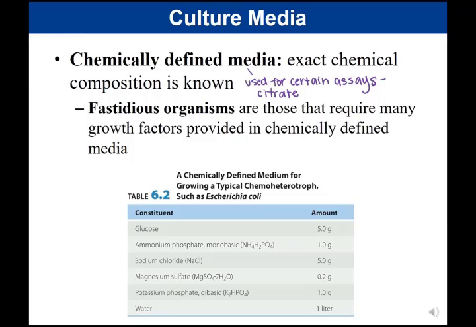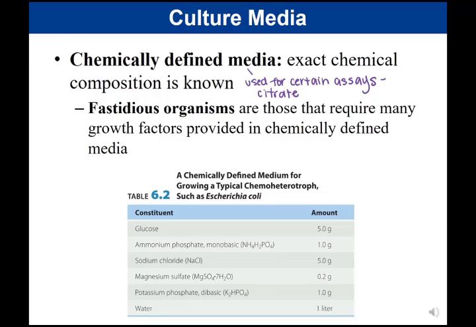Because in that media, you might recall there were no peptones, nothing like that. In that media, the only carbon source we gave the bacteria was the citrate. The citrate was the sole carbon source. And so remember, in that test, a true negative has no growth, because if bacteria can't use the citrate as their sole carbon source, they can't grow.